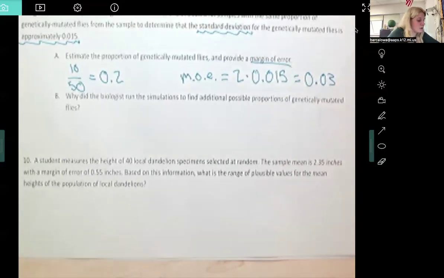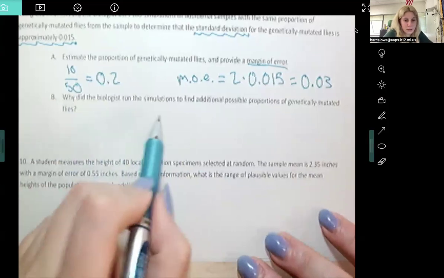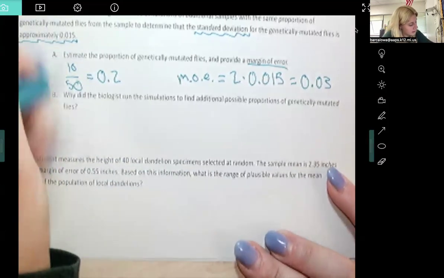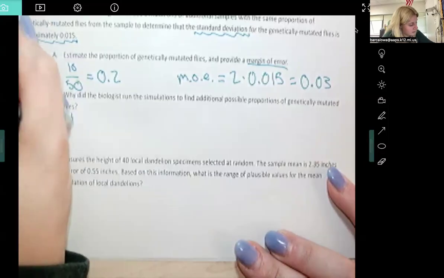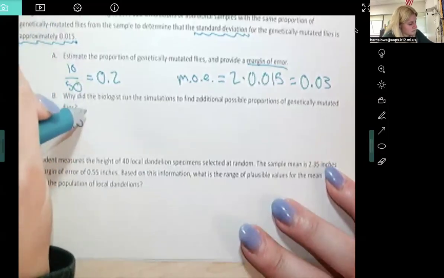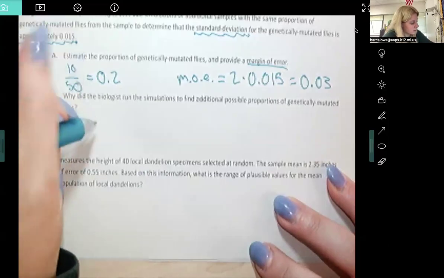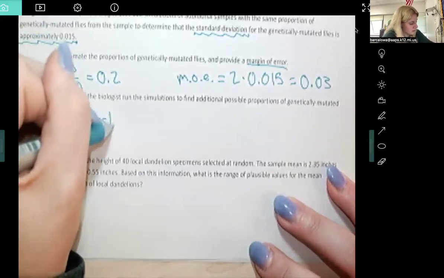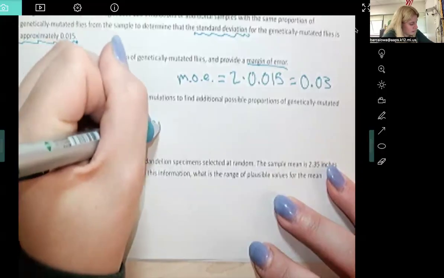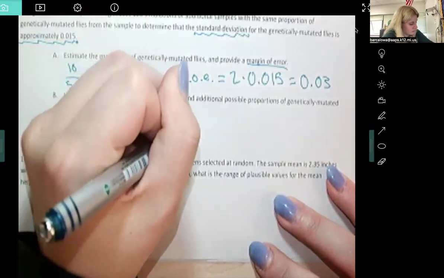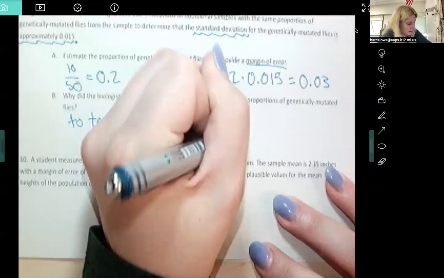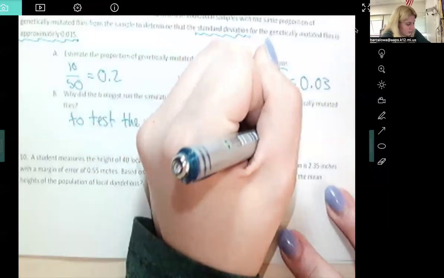Why did the biologist run the simulations to find additional possible proportions? We can't say that like one answer is for sure for certain. So running more simulations could potentially get more accurate data, or test the variability and get a margin of error.